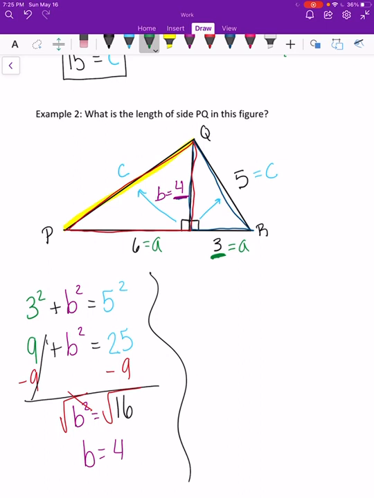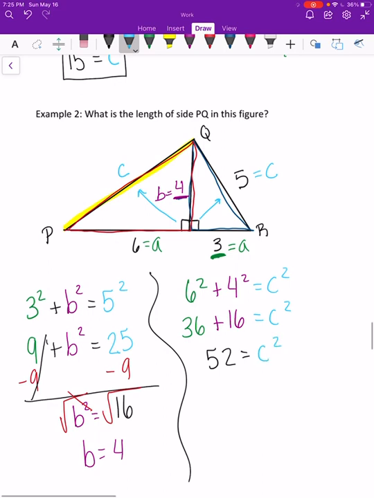So we're going to do the Pythagorean theorem again. This time we have 6 squared plus 4 squared equals c squared. 6 squared is 36 plus 4 squared, that's 16, equals c squared. 36 plus 16 is 52. 52 equals c squared.